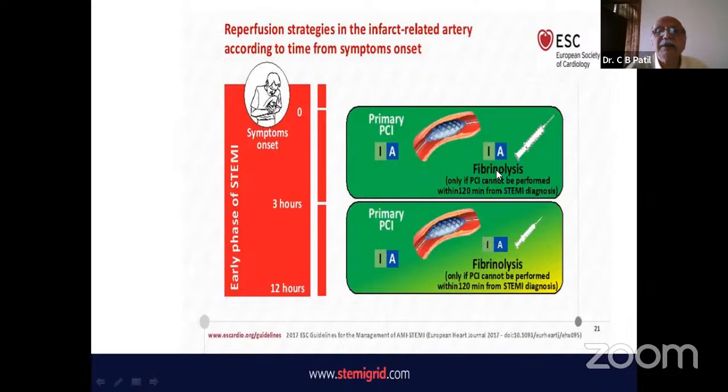Then only fibrinolysis is indicated. Similarly, between 3 to 12 hours, again the primary PCI is the preferred mode, 1A. Only if PCI cannot be performed within 120 minutes from the STEMI diagnosis is fibrinolysis indicated.